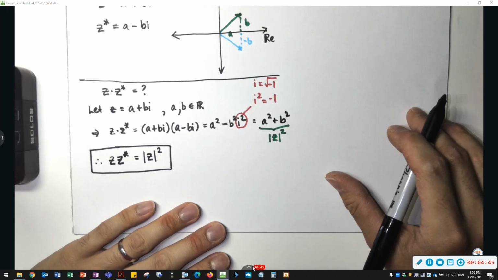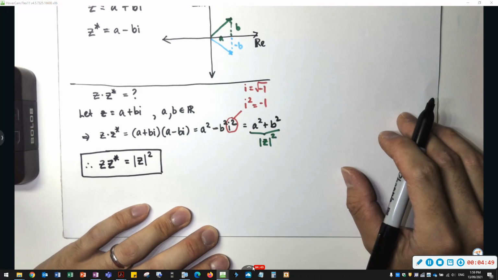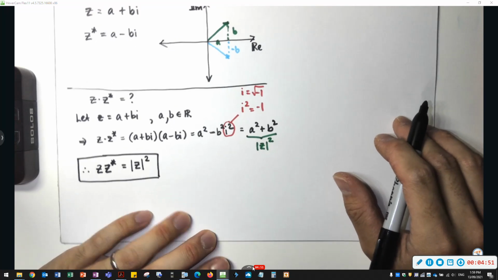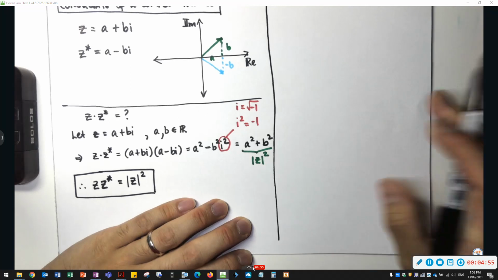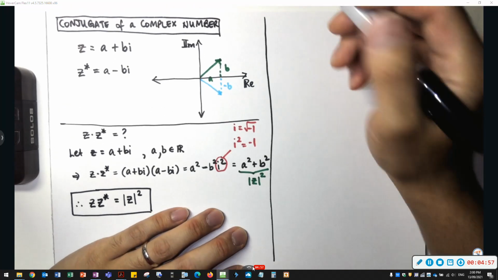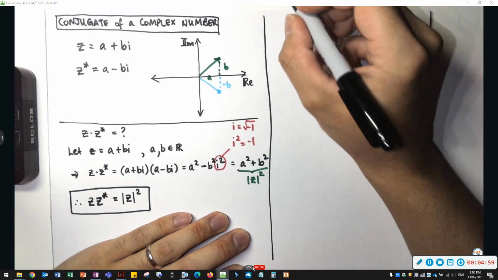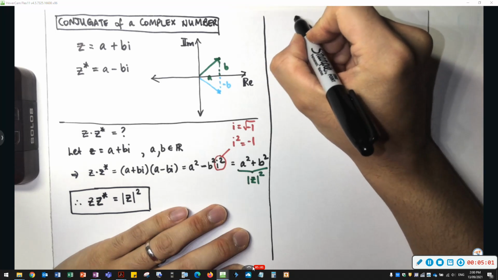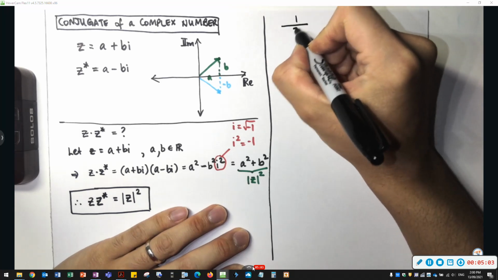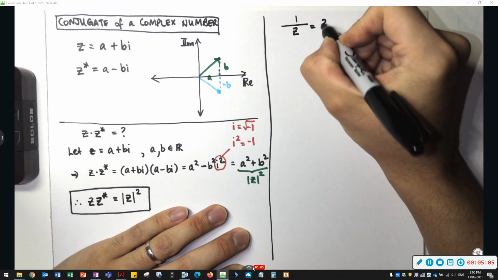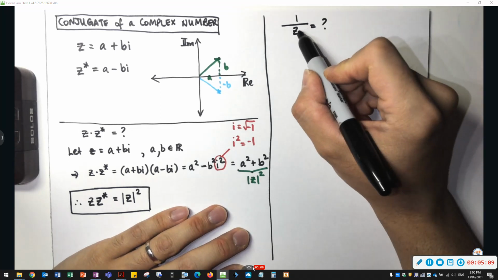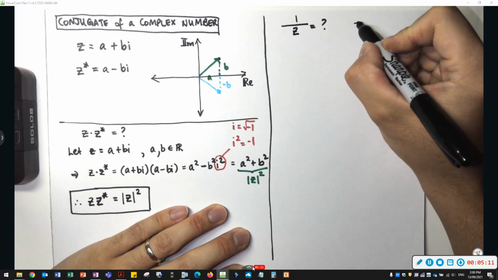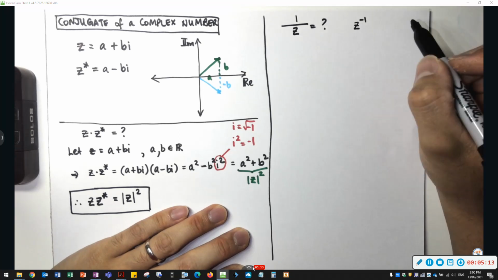Now, here's another property you'll notice with conjugates as well. It deals with fractions. Okay, so what does 1 over z equal? So you might think, okay, I can write this as a power. You might think, okay, I can write it like to the power of -1.